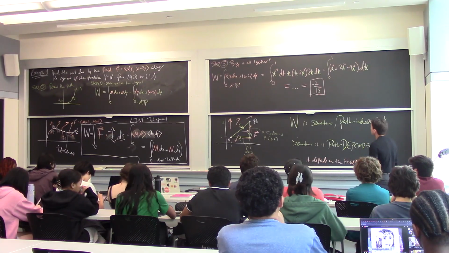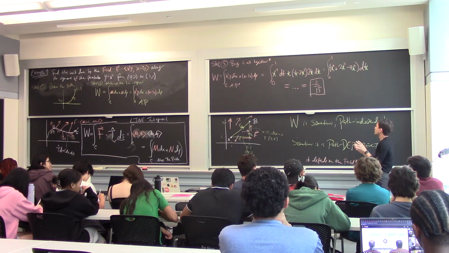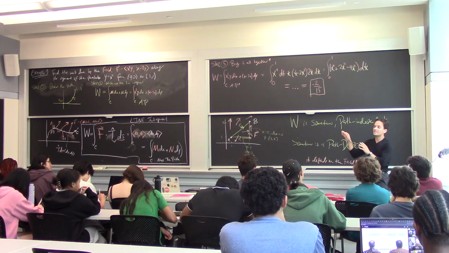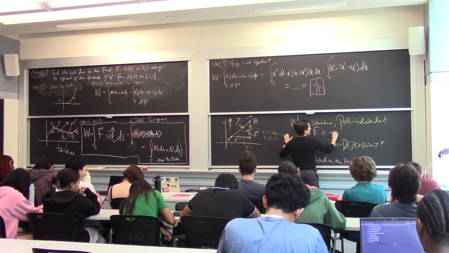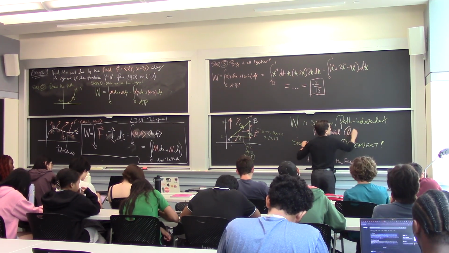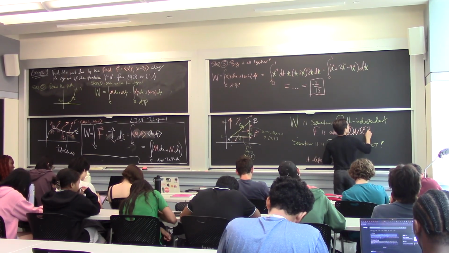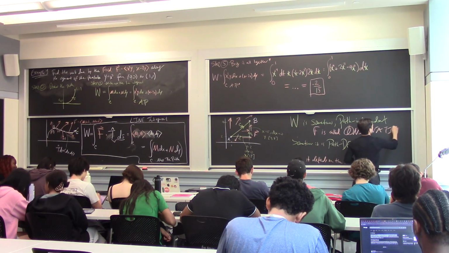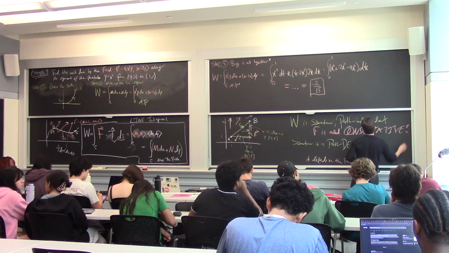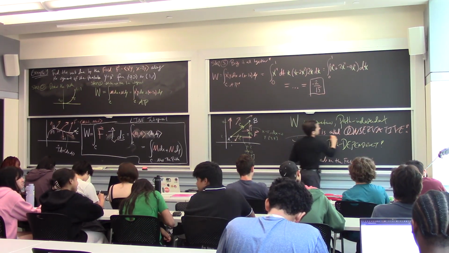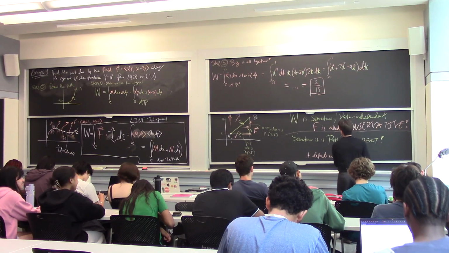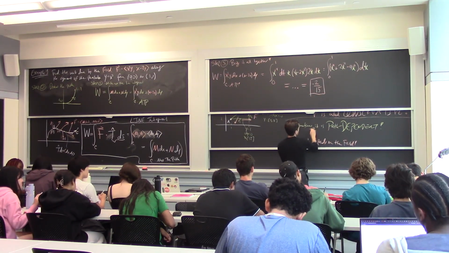It depends on the field. When the field is such that the work is path independent, the field is called a conservative field. Sometimes it is path dependent. What is that field called?